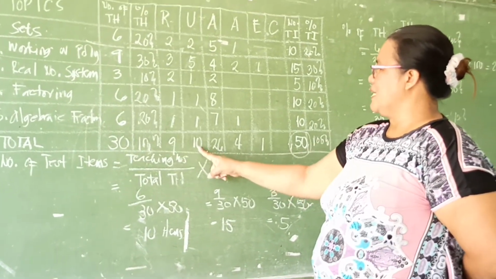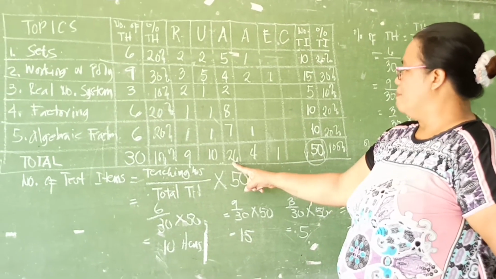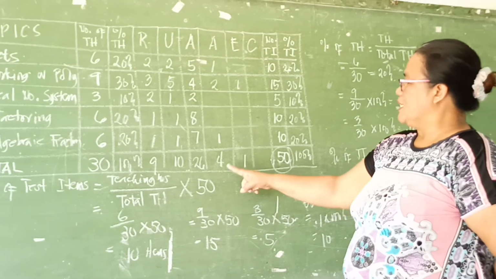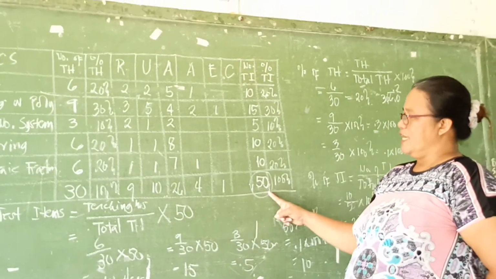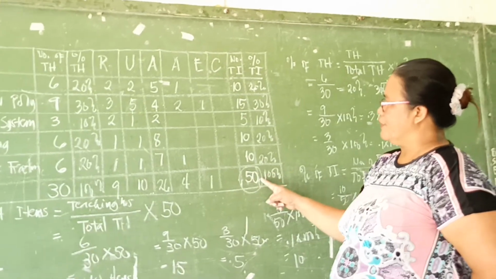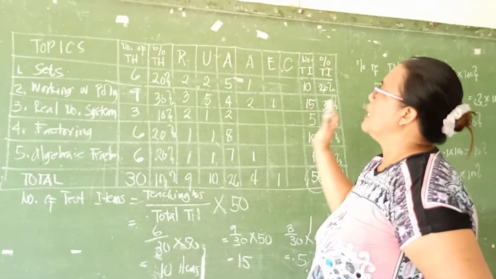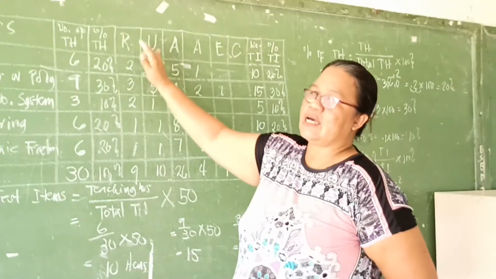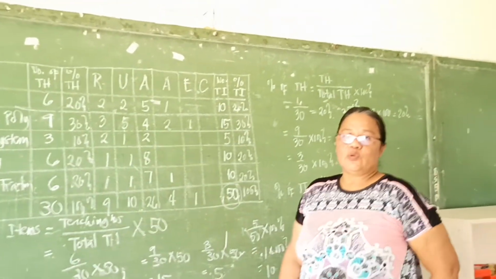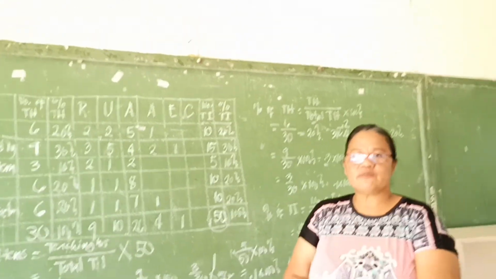So 9 plus 10, 19 plus 26 is 45 plus 4, 49 plus 1, 50. So your test items will be equal to 50 if you have distributed your test items to each level of your cognitive domain.